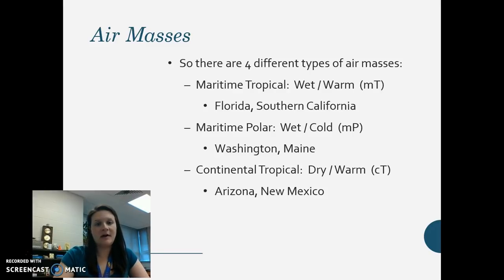Next up we have continental tropical. So this is going to be dry and warm. So it would be little c, big T. Example of where you might find this air mass forming over would be Arizona or New Mexico.